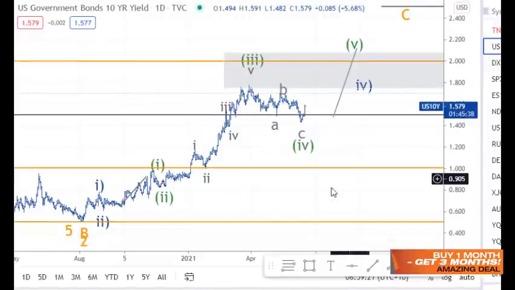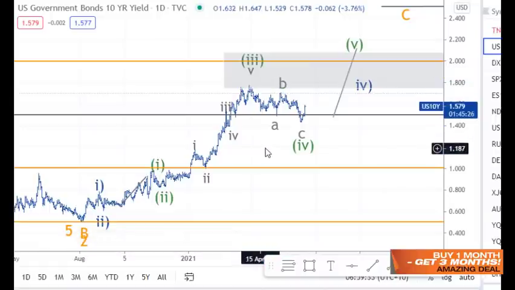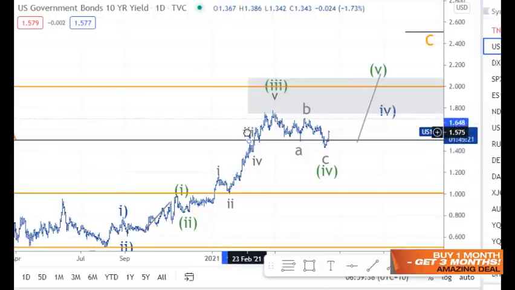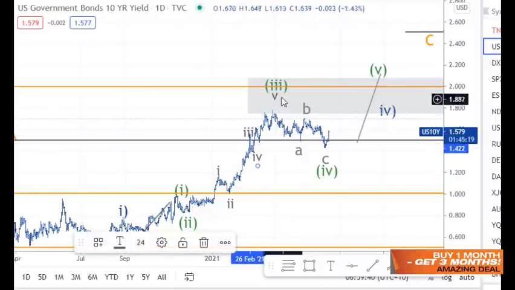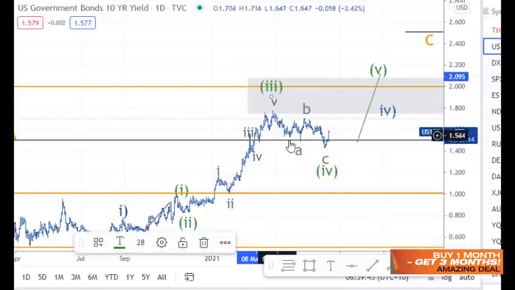So the 10-year bond here, this is a daily chart as well, and maybe I need to lift it up a degree of structure in the labeling, but apart from that, I was counting all the way up through here and looking for this top, and then looking for this wave 3 top here, then looking for an ABC correction. I thought it might have had one more little leg down through here, but that's not the case. So let's just see how that spike goes.